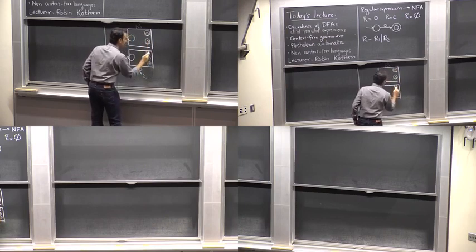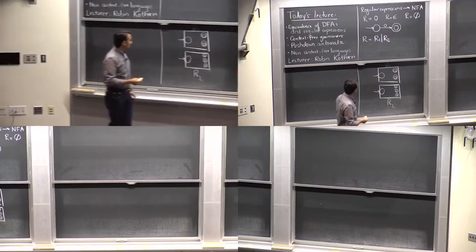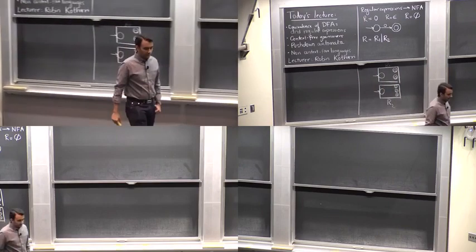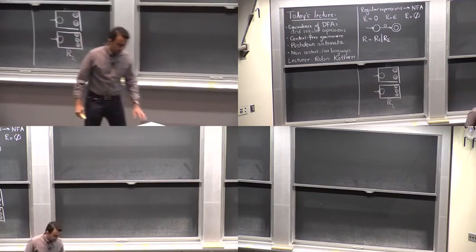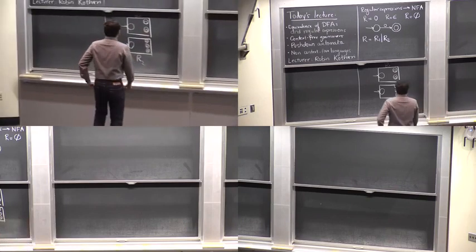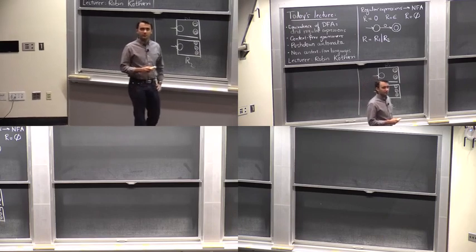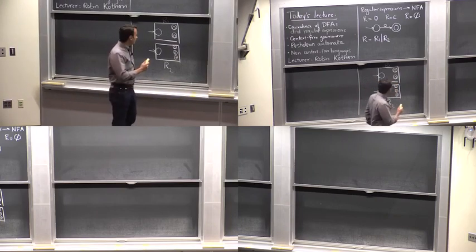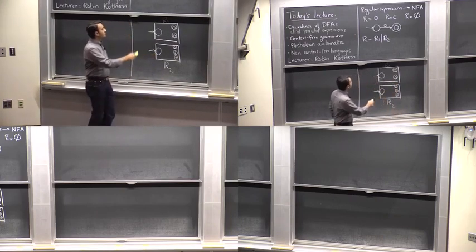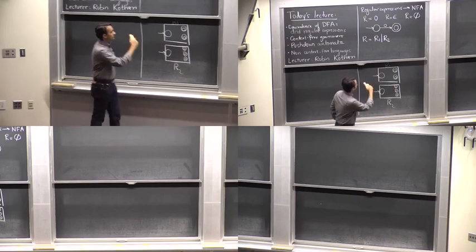Maybe this one has 3 accepting states, maybe that one has 2 accepting states. It doesn't really matter. And what I want to do is construct one NFA that accepts the union of these two languages. So, does anyone have any ideas on how we would do this? How would we construct one NFA using these two NFAs that accepts either strings in R1 or strings in R2?